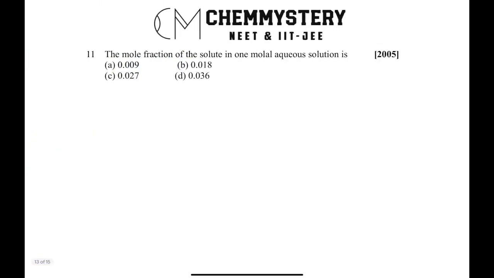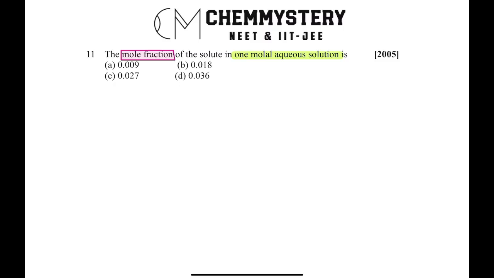Done. Next one. The mole fraction of the solute. You need to calculate the mole fraction of solute in a 1 molar aqueous solution. This kind of question we have done previously.